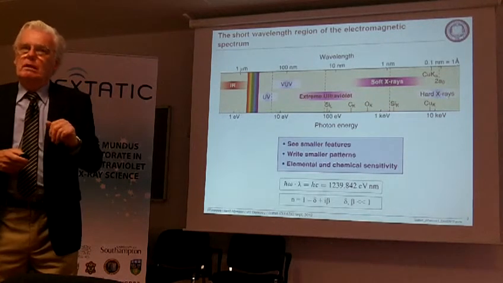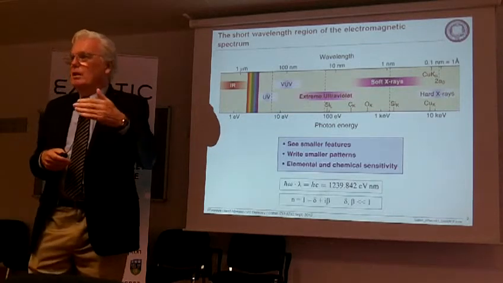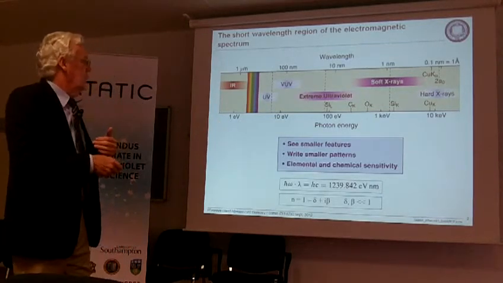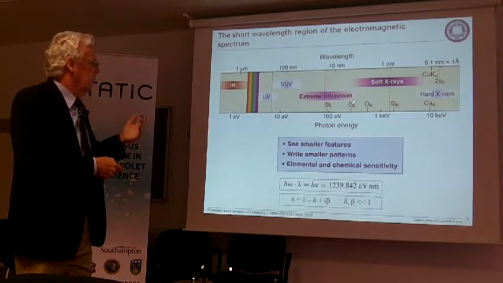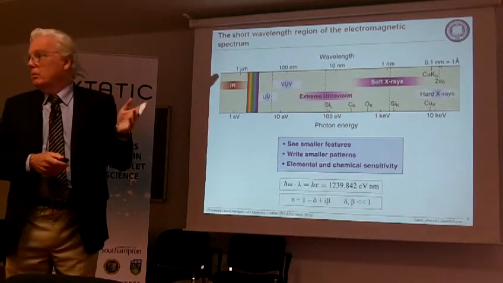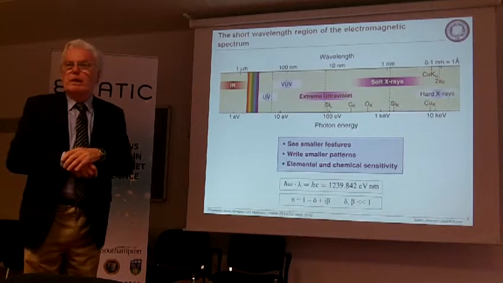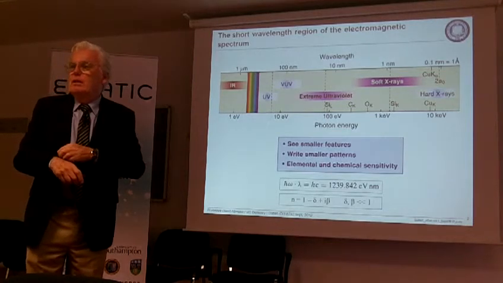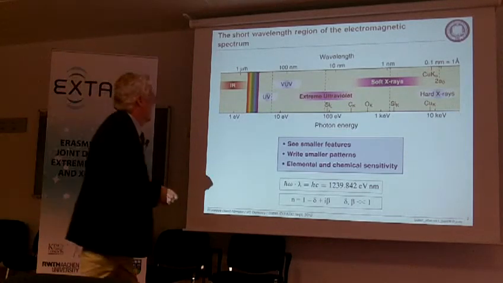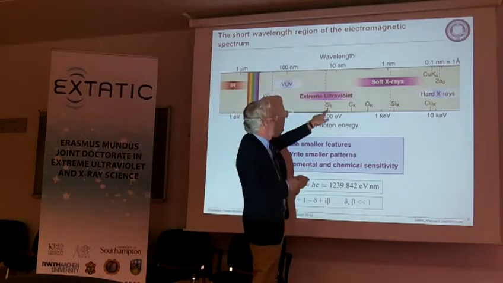So if you do, for instance, in imaging, you can do imaging which highlights the carbon edge or the silicon edge or something like that. In fact, we'll mention this application of EUV lithography, printing computer chips, and that's right here at the silicon L edge.